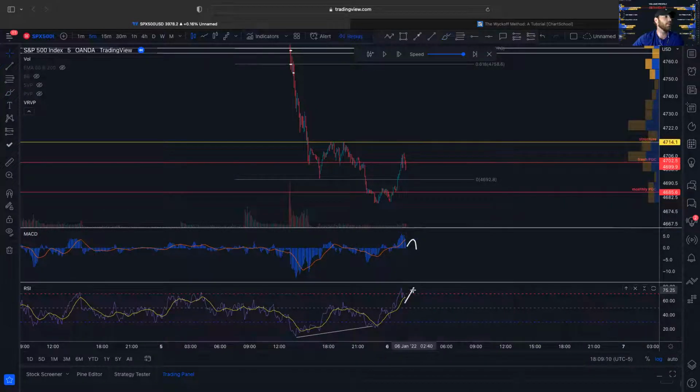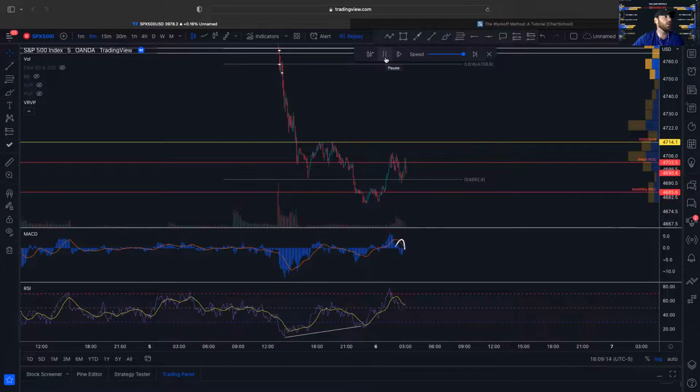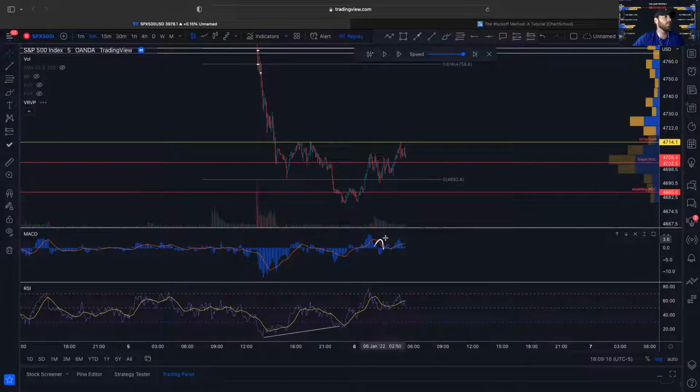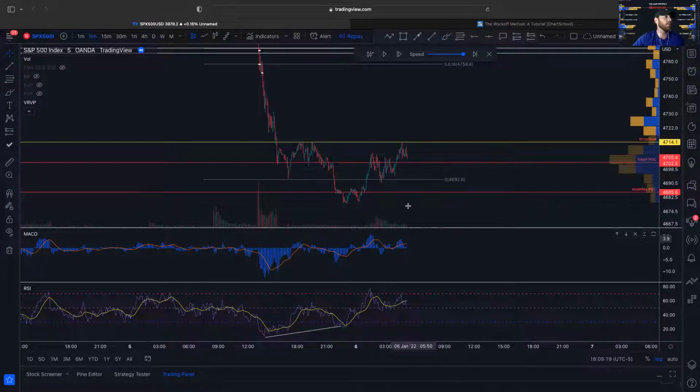Either way, it's not in the time of day that we want to trade. So let's just watch. There's the divergence. Okay, tapping the top of the range over here, but we're getting the divergence here. So let's watch this fall.